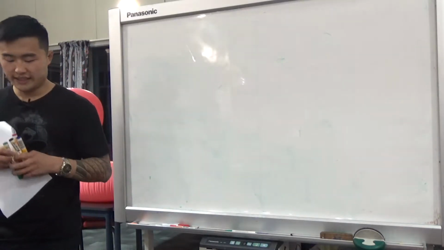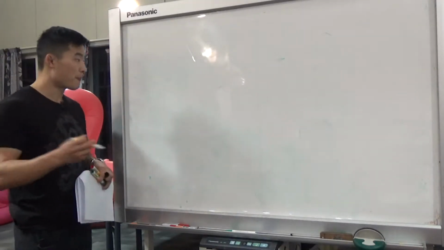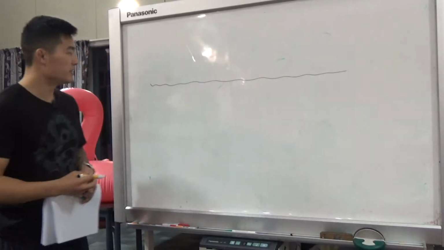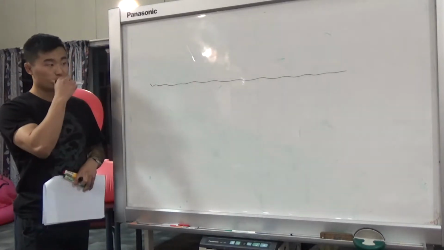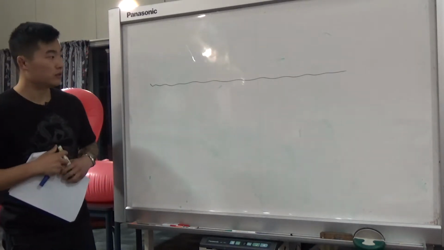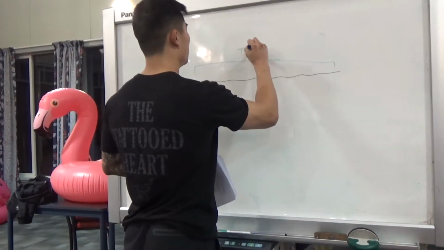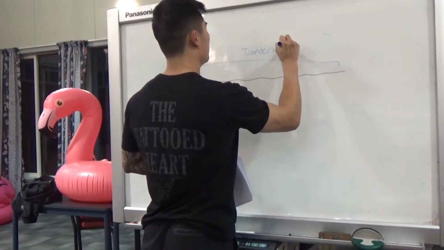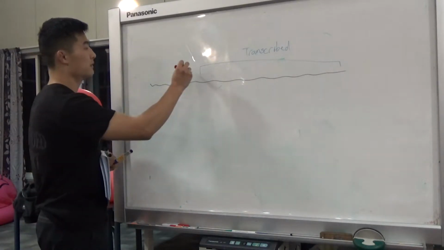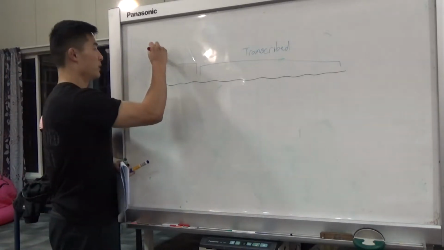When I say upstream, you have the gene here. So this is DNA, and let's say this part here is the part that gets transcribed, and this part here is the promoter region.